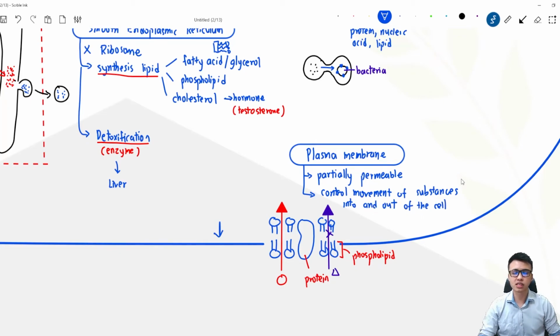Okay, so this is the function of the plasma membrane. We are going to learn more about the plasma membrane in the next chapter, which is a big topic on plasma membrane only. It is one of the very important things that we need to know.